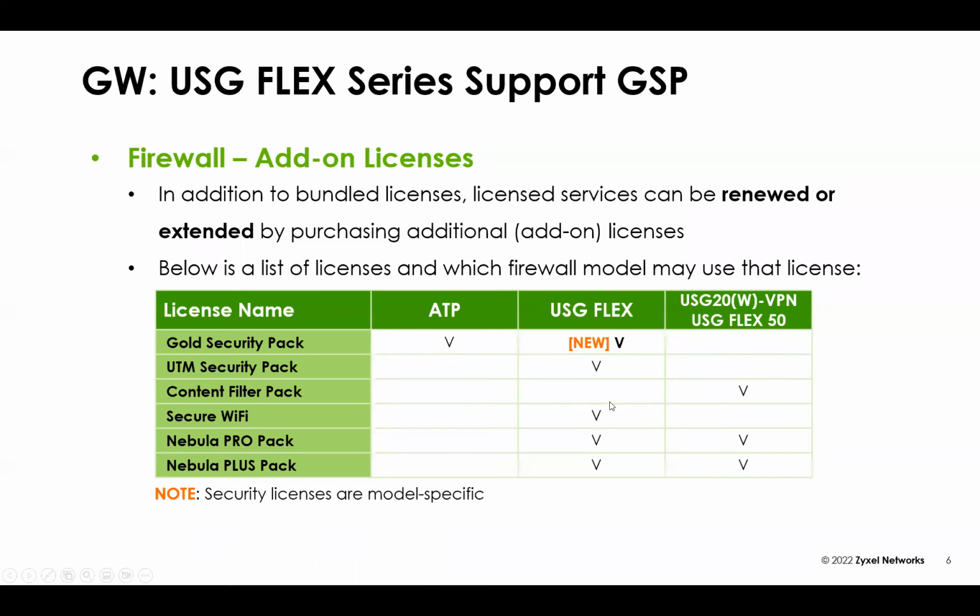So you'll see that in the ATP, the secure Wi-Fi is part of the Gold Security Pack, so that's why it's not listed here, because the Gold Security Pack contains all of these options. And then, of course, with USG Flex, you get Nebula Pro Pack. You can choose Pro Pack or the Nebula Plus Pack when you have it in the cloud.